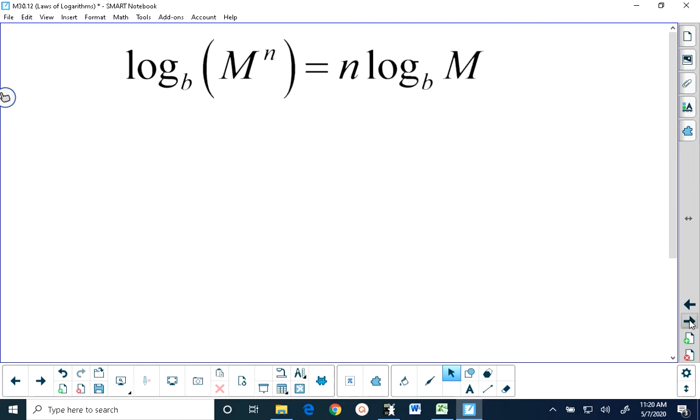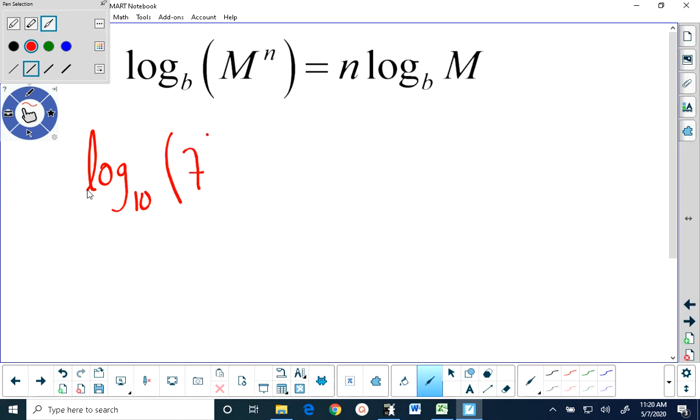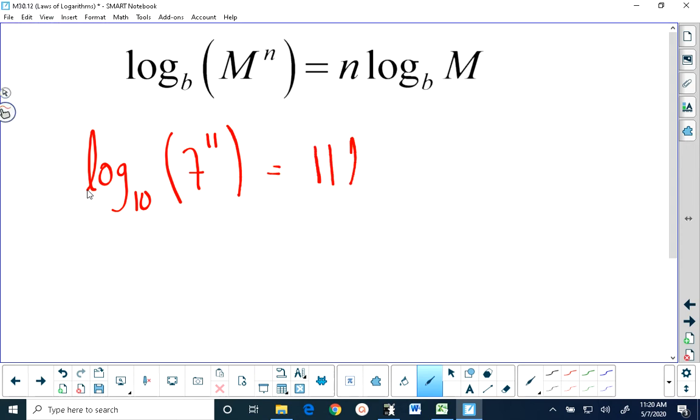The most important law in terms of logarithms is called the power law. What this says, as an example, is that if I wanted to determine the log base 10 of 7 to the 11, I could instead take 11 multiplied by log base 10 of 7.